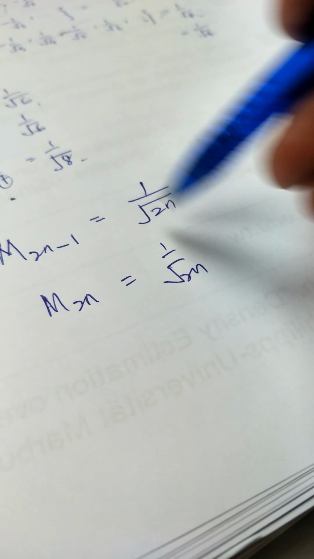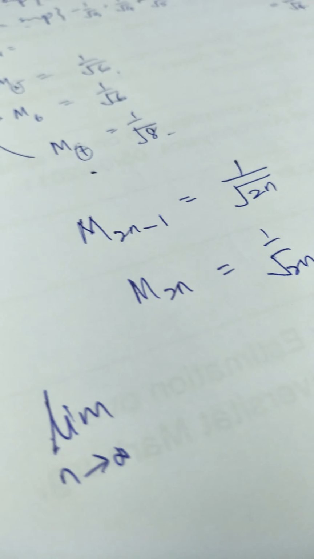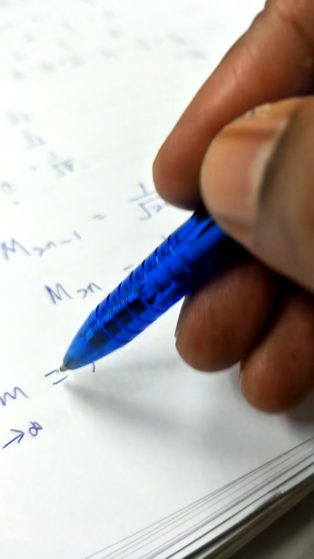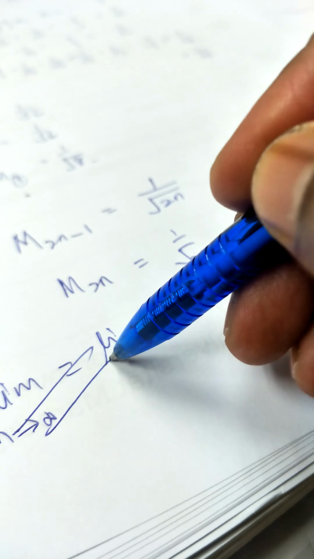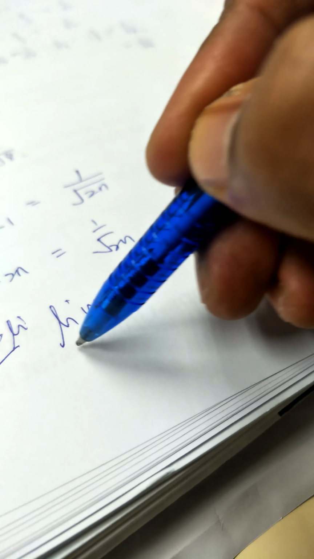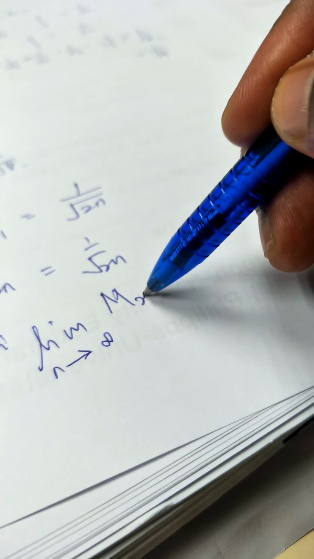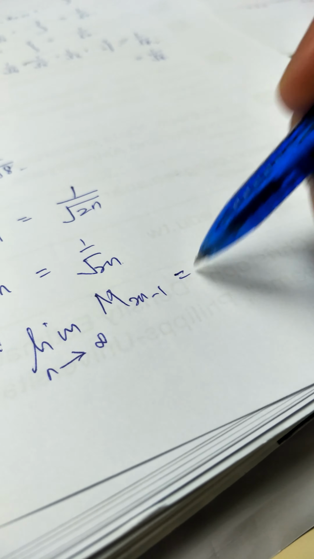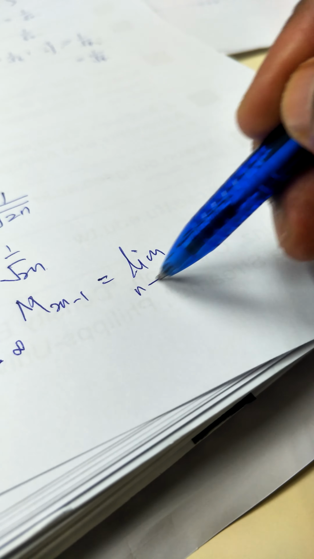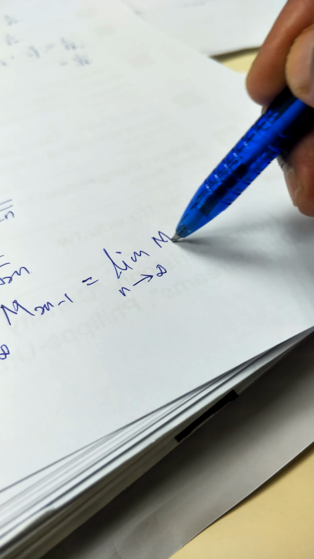Okay, so if you take the limit of this, if you take the limit as n goes to infinity, since they are the same, limit as n goes to infinity of m of 2n minus 1 is just the same as limit as n goes to infinity of m of n.